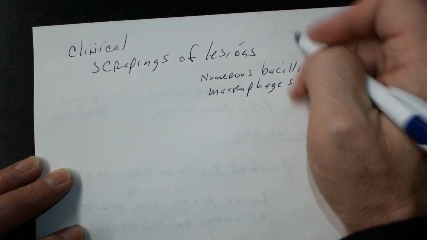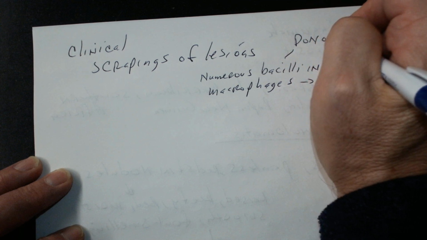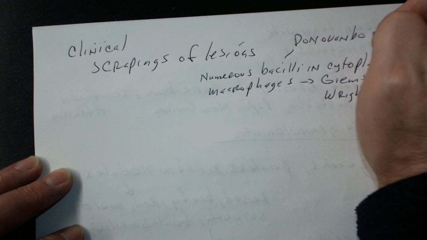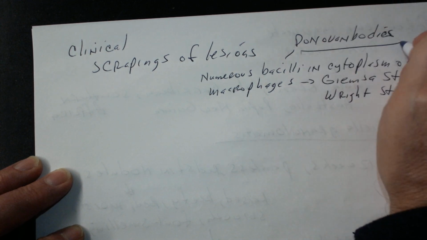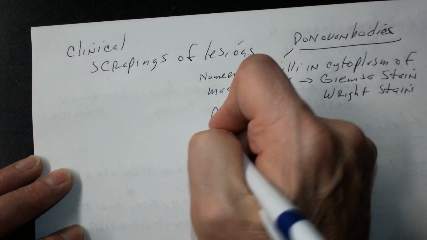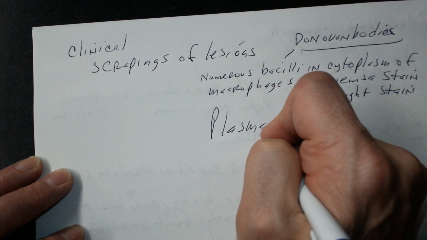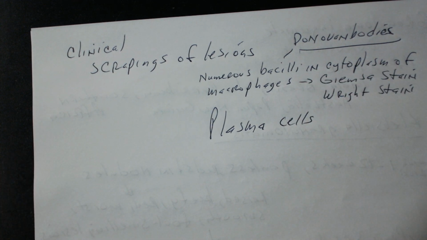And these bacilli are referred to as Donovan bodies, hence the name Donovanosis. The smears will also contain plasma cells. These bacteria don't grow on ordinary culture media. You have to grow them on chocolate agar.